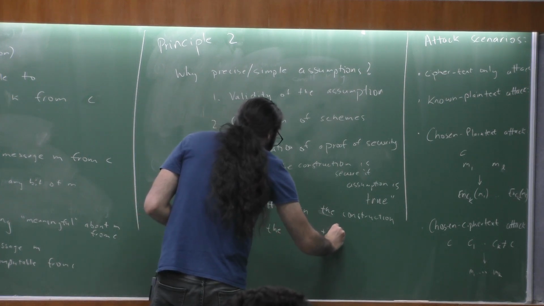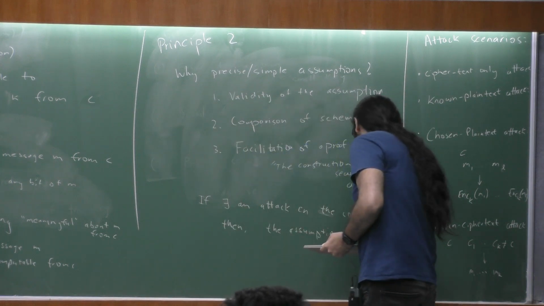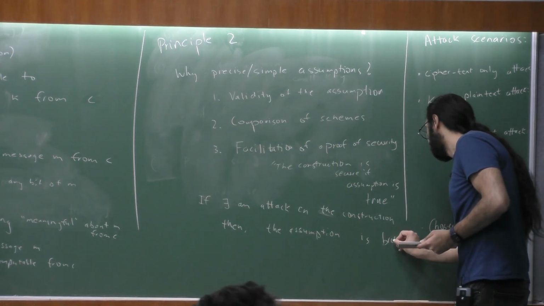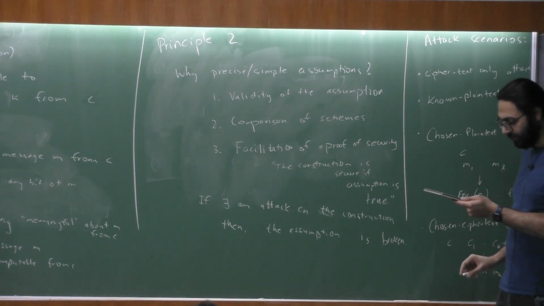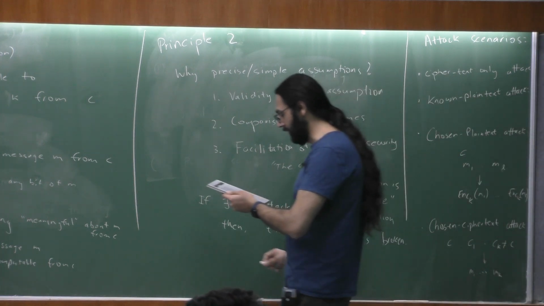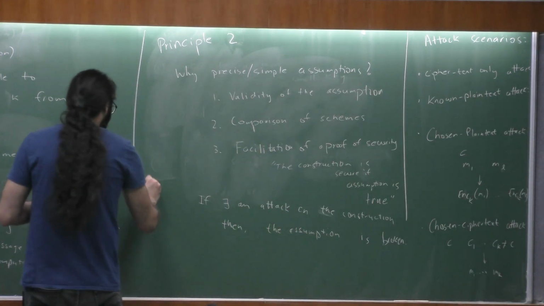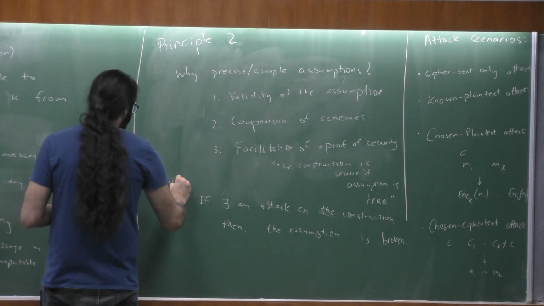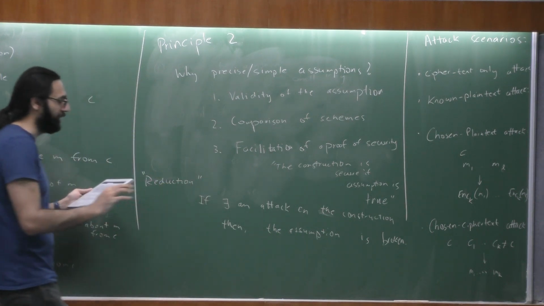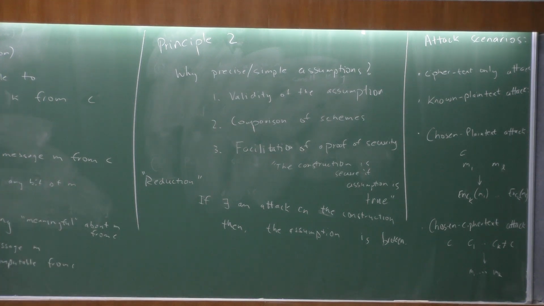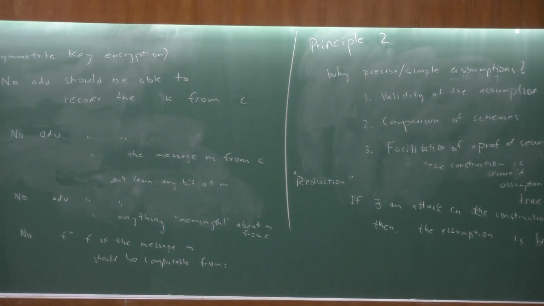The assumption is broken. So this is called the reductionist approach. We'll formalize it. I'm just giving you a high level idea of how things are shown.